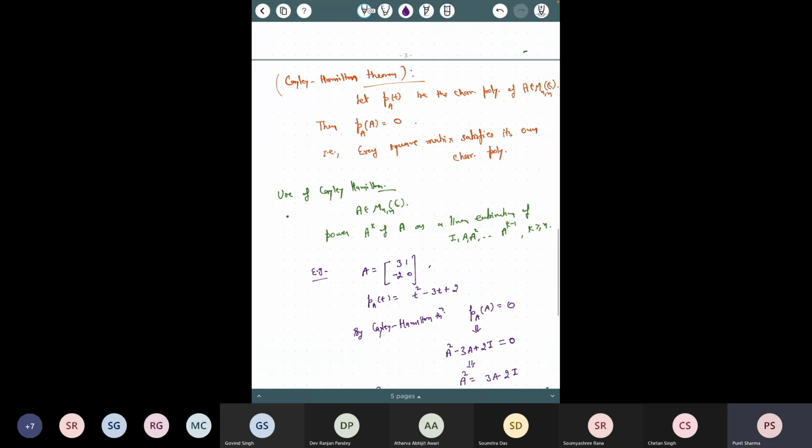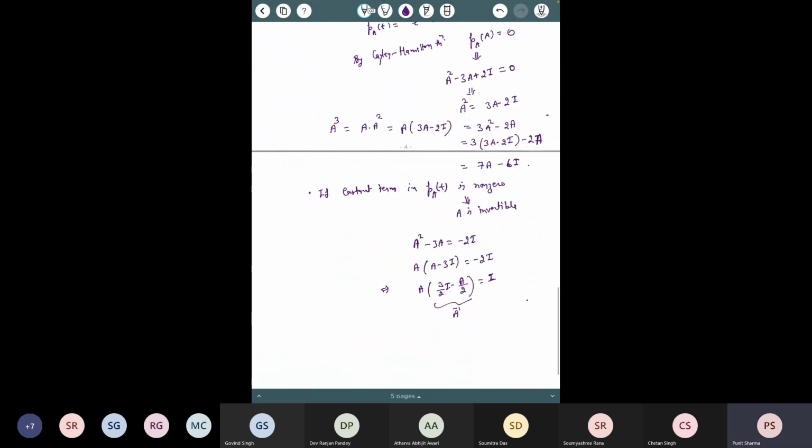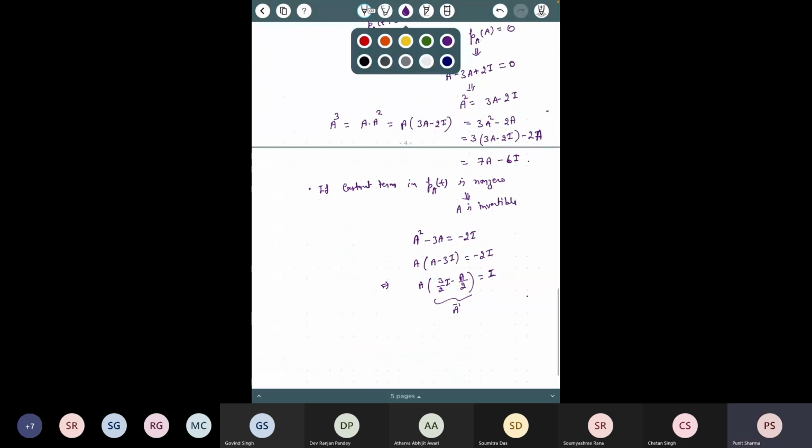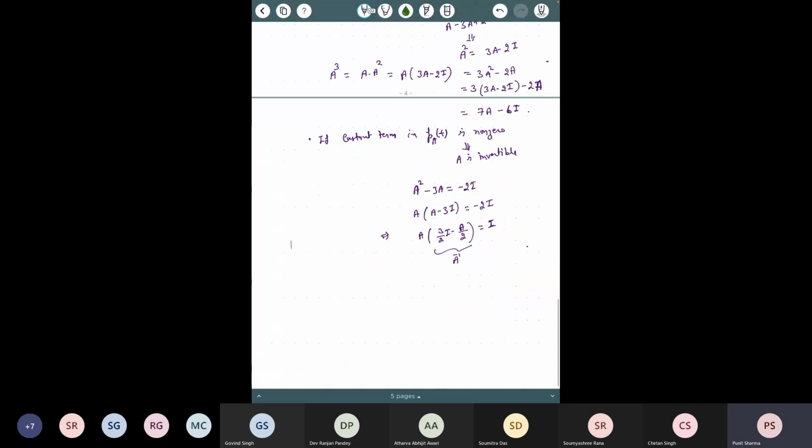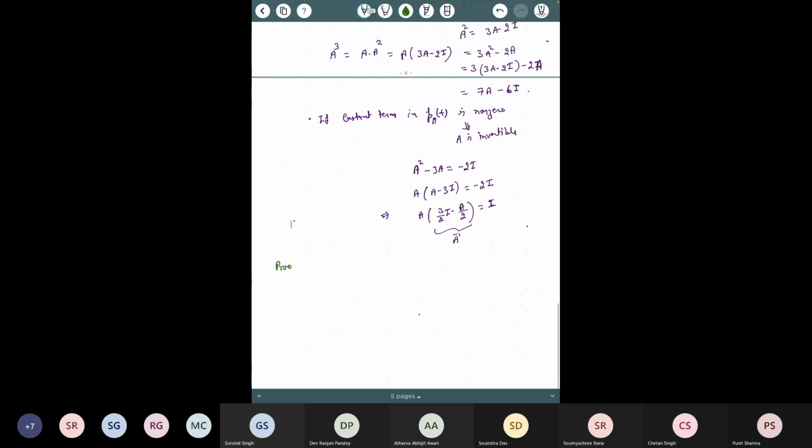We have to prove that every matrix satisfies its own characteristic polynomial. So, proof of the Cayley-Hamilton theorem. What is given?